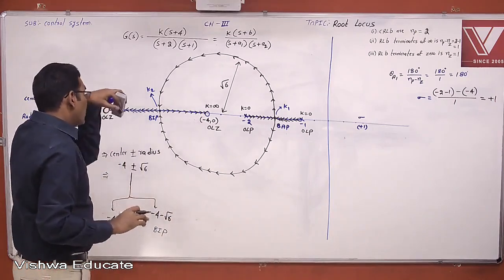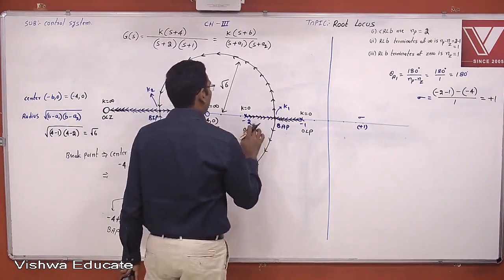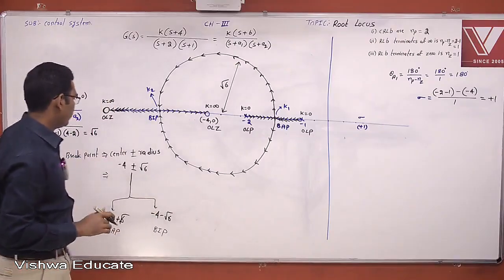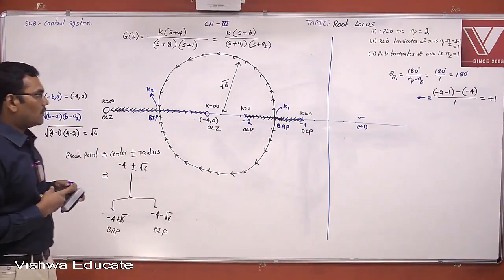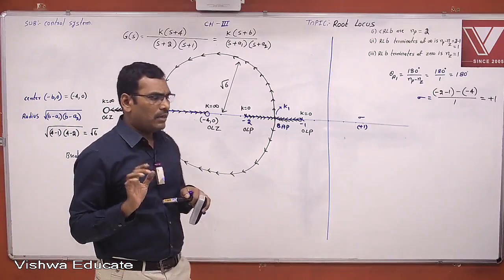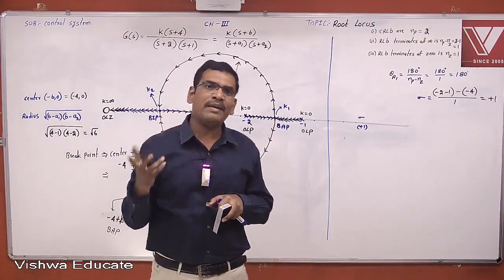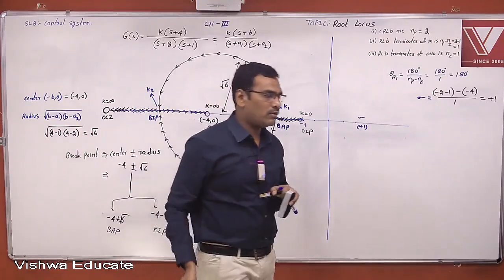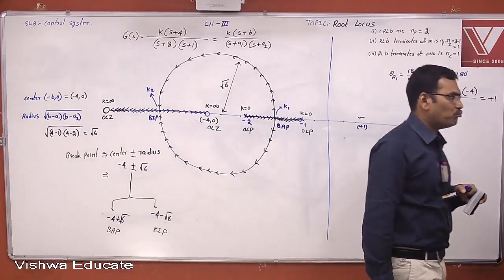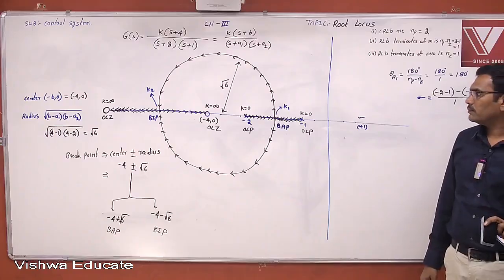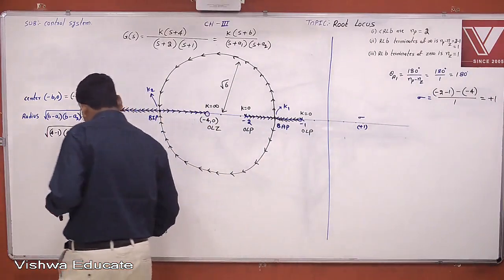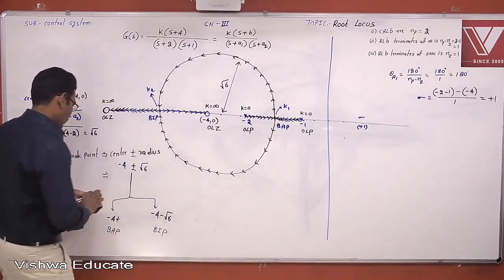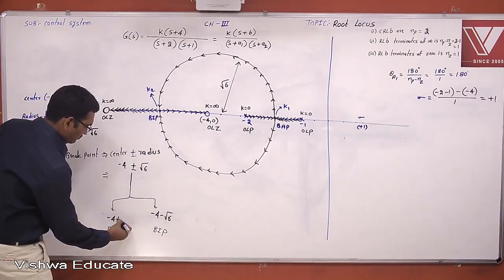Now one pole is at minus 1 and another pole is at minus 2. In all root locus diagrams, the shape of circles will be the same in this kind of problem. Okay, so note that down.